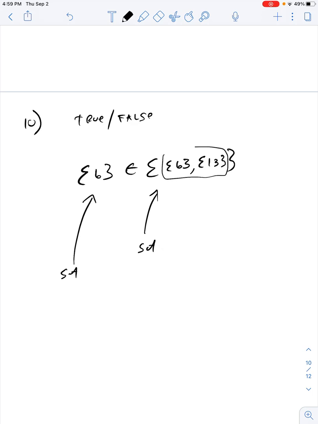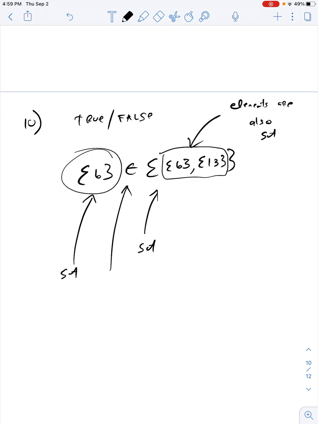But take a look, the inside, so the elements are also sets, right? So this reads the first set, this set is an element of the second set, right?